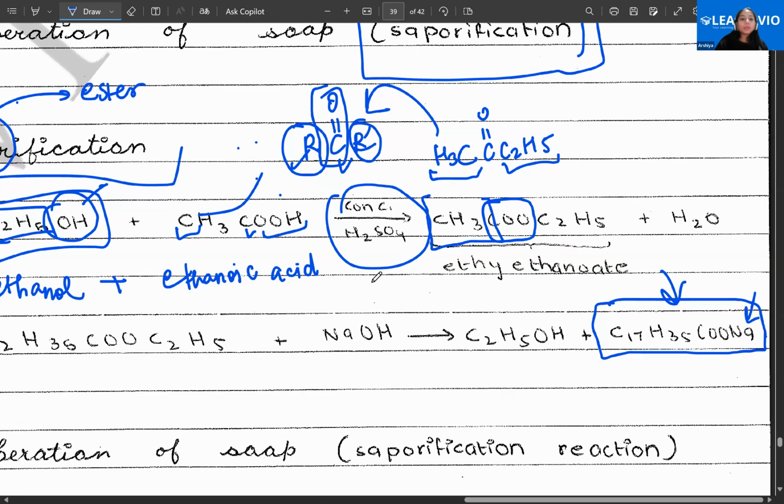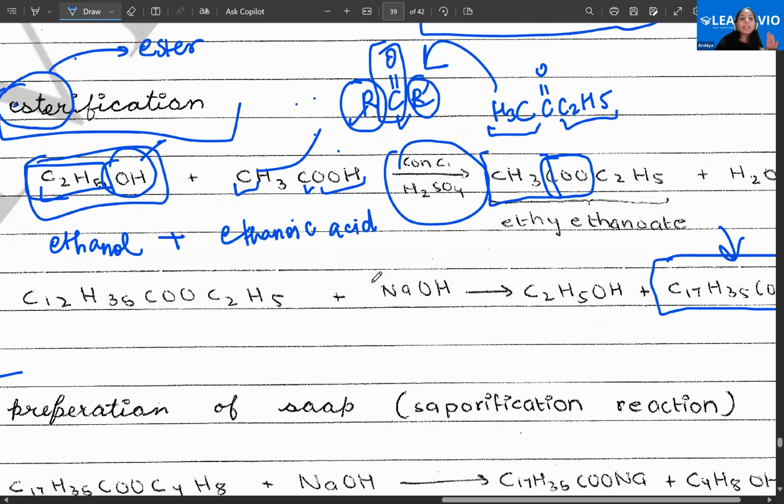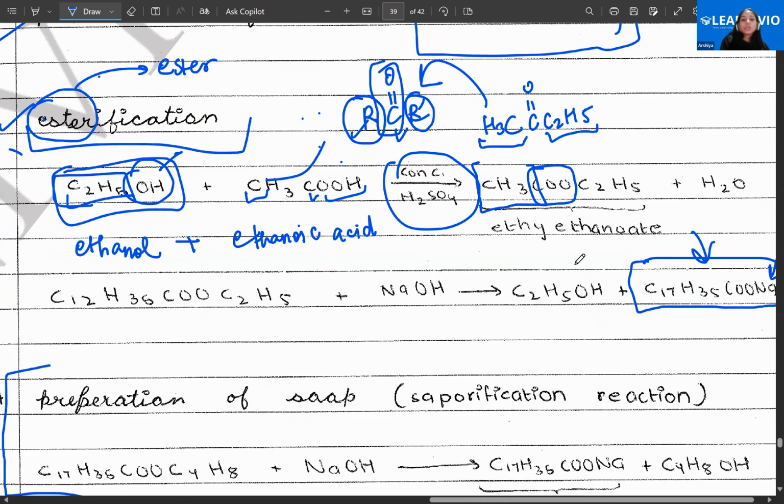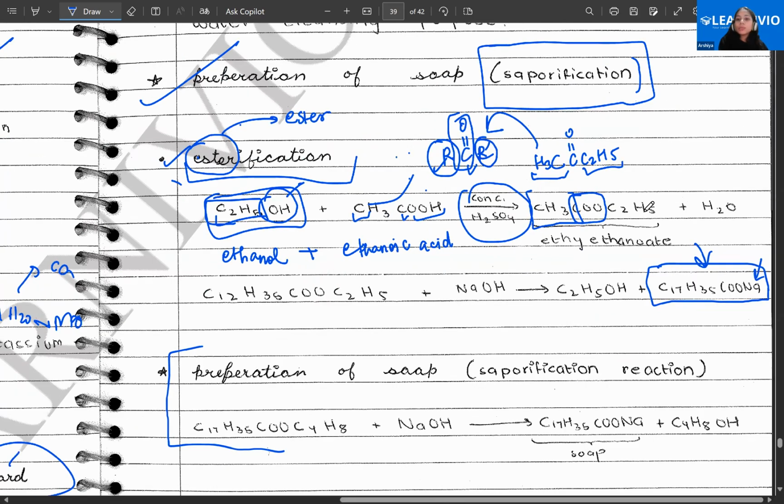Now we have one more step. We will react it with sodium hydroxide, because we need Na at the end of the carboxylic acid. The NaOH will attack here, remove this molecule and place Na here, and the rest will separate out with OH.